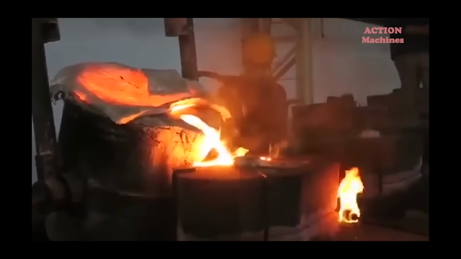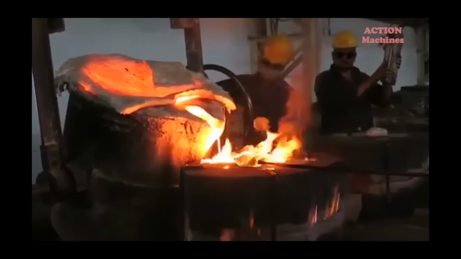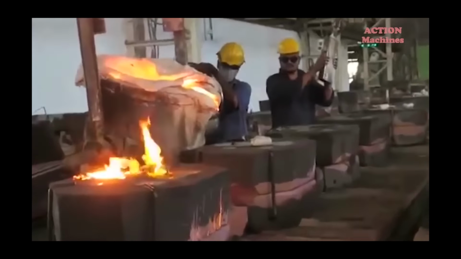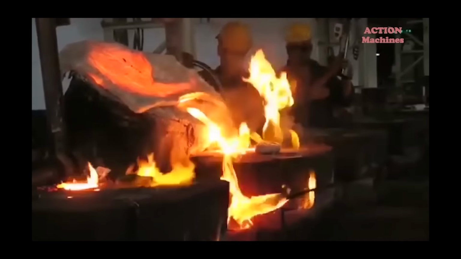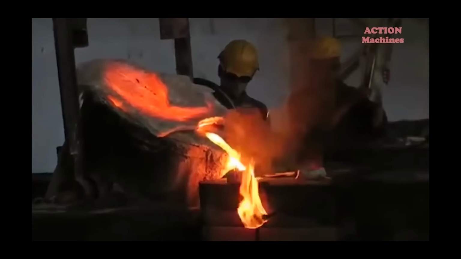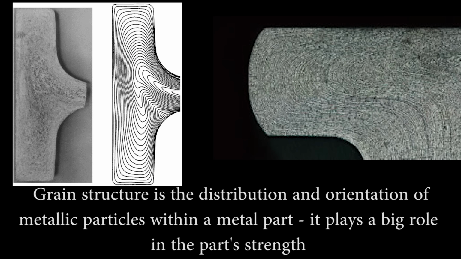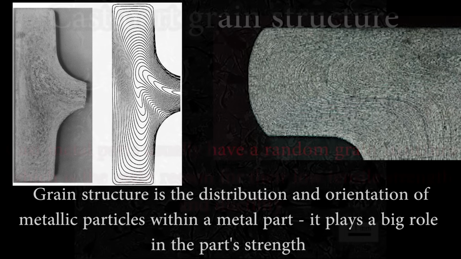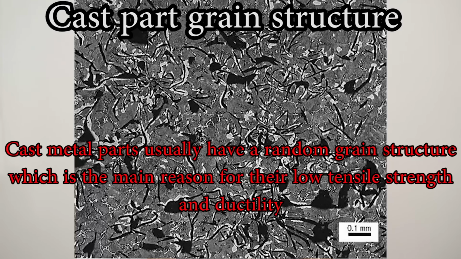Cast crankshafts are made by casting molten metal into a mold and letting it set. This usually results in a pretty random grain structure. Grain structure is the distribution and orientation of metallic particles within a metal part, and it greatly influences the strength of that metal part.